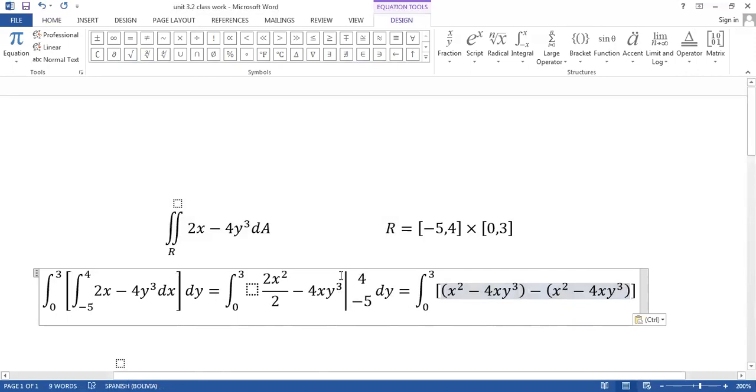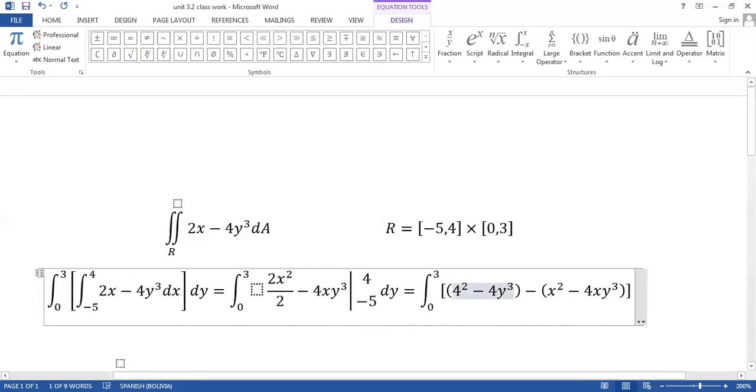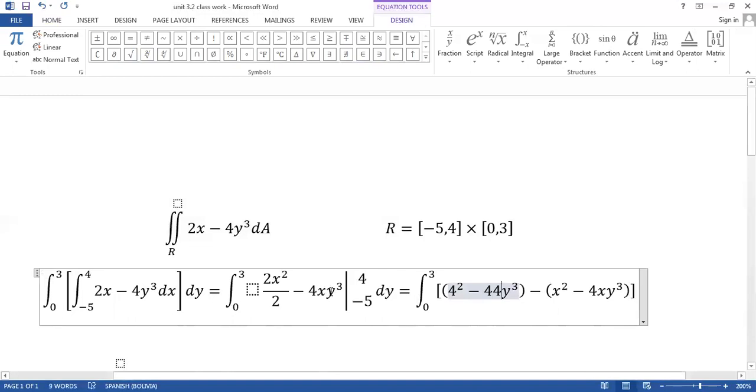So it's really this evaluated at 4 minus this evaluated at -5. So I am going to put in a 4 here. Remember, it's just the x's that are changing. And I'm going to put a little parentheses here.